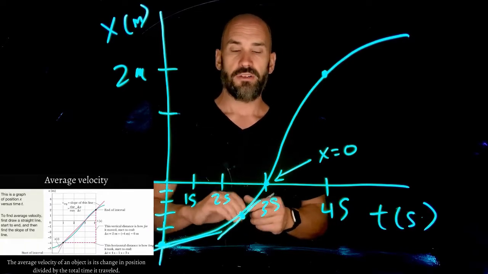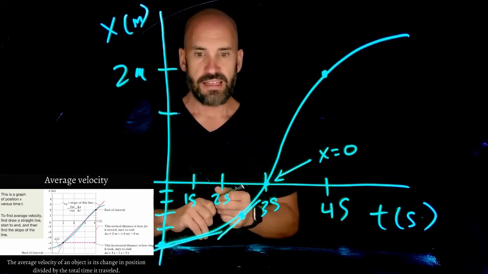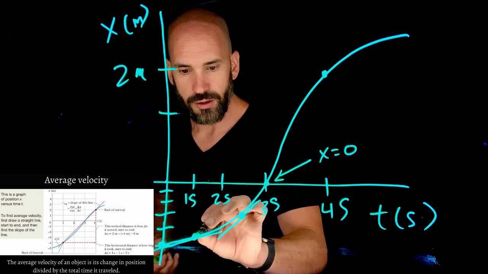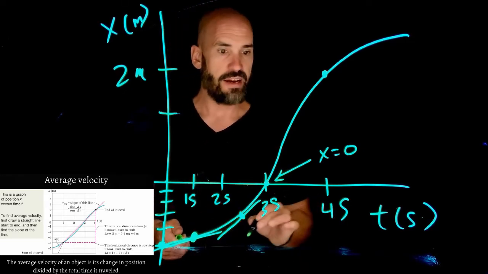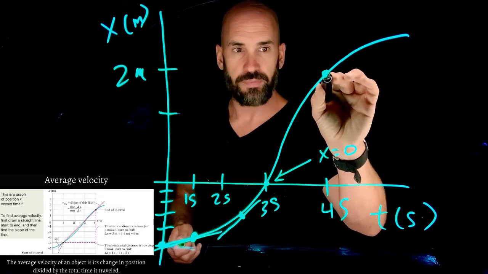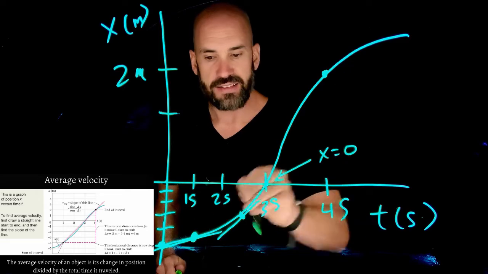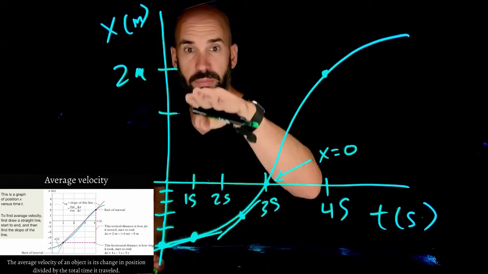I'm going to keep this graph up here for a second and just take note that at some position, let's take it at 1 second, as this example does, and then another position over here at 4 seconds. In that time, this thing has gone from -4 all the way up to +2.